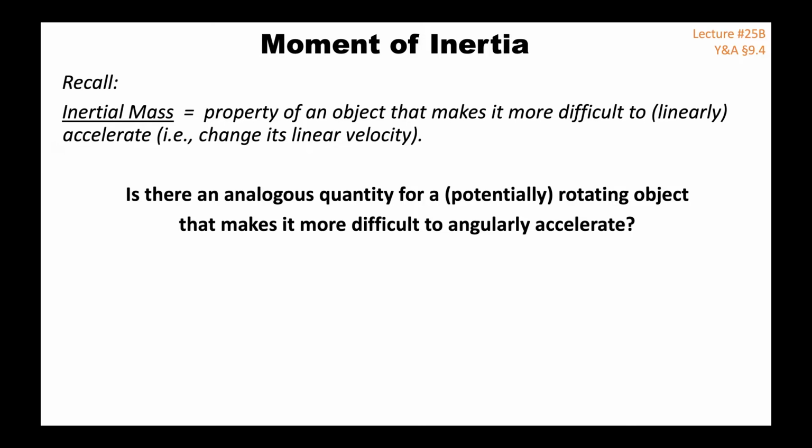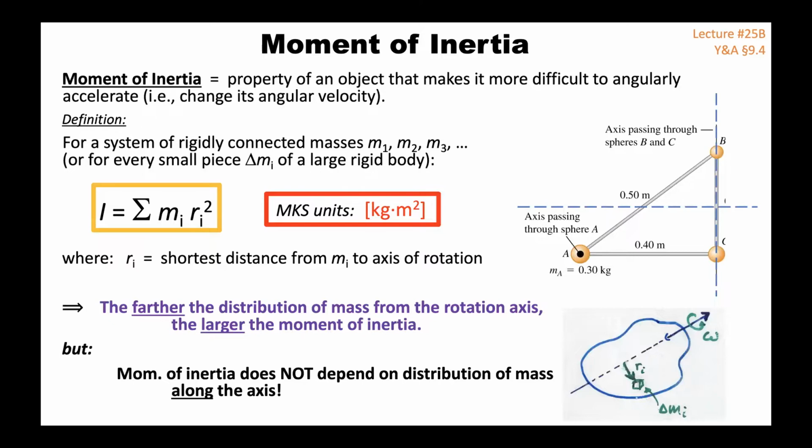So it raises the question whether there is, for a rotating object, a similar sort of quantity that fully encapsulates what properties of a spinning object make it more difficult to angularly accelerate. So more difficult to spin it up or spin it down. And it turns out, yes, there is. That quantity is called moment of inertia.